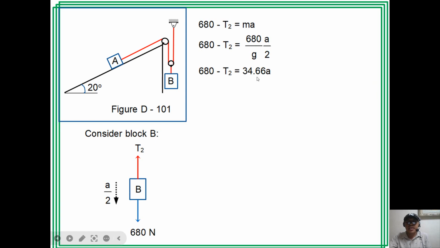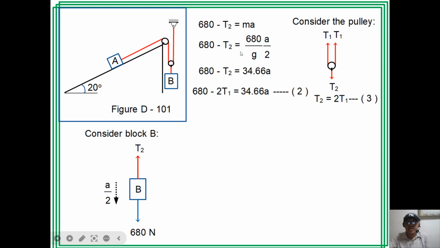Then, we have the result here. But, if you consider this pulley, so if the tension of block B is T2, then we have the tension here is T1. This is also T1 here. So we can say T2 is equal to twice of T1. Then I will call this equation 3. So I can substitute it here.